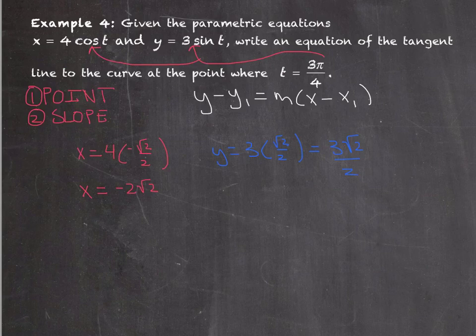So we need dy dx. So we will remember that dy dx is equal to dy dt over dx dt. And so dy dt is simply going to be 3 cosine of t.